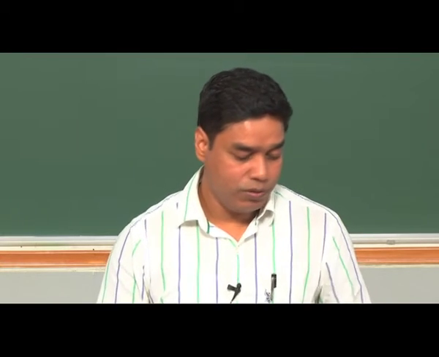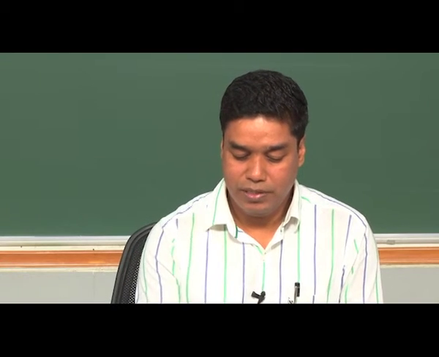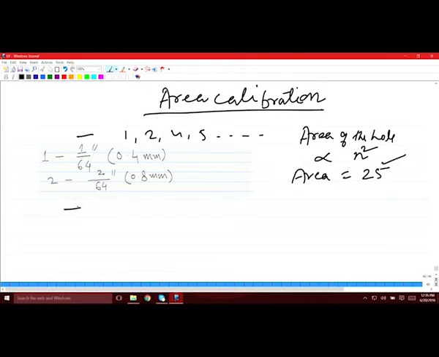So, in this case what you do, like what we have done for calibrating the distance, you first select a particular block. In case of area calibration, the number 5 block is first taken. So, that is your first data point, and as I said, for this block the area of the hole would be 25 because the area is proportional to the square of the number.